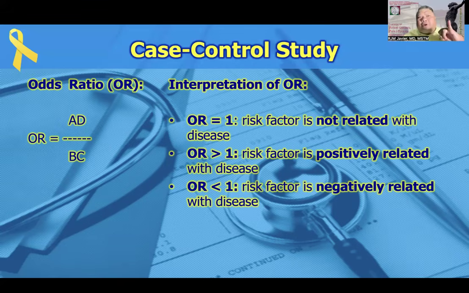Your Spearman's rho is the measure of correlation if you're talking of data that are non-normal in distribution. Your Pearson's r, on the other hand, is the main measure of correlation if your data are normally distributed.